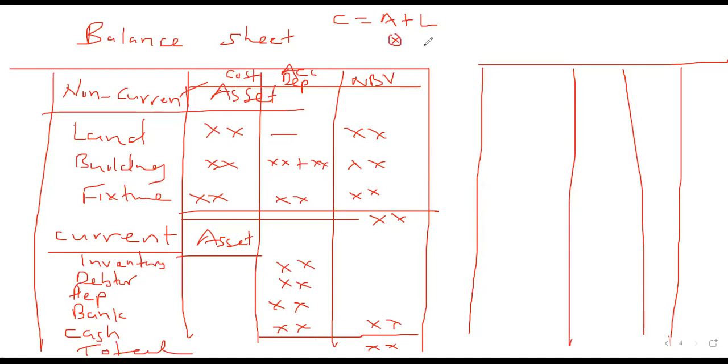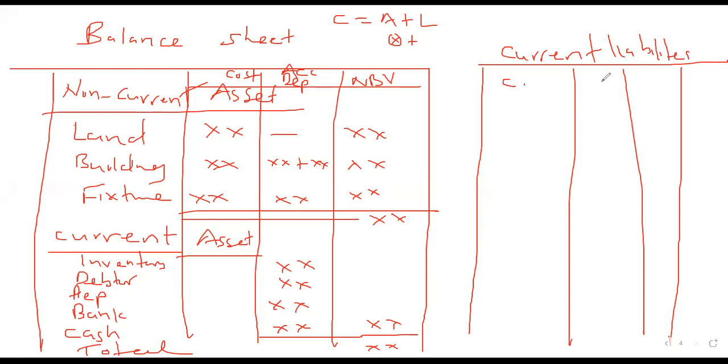Then we have what we call the non-current liabilities and current liabilities. Current liabilities are short-term liabilities. What examples do we have for short-term liabilities?